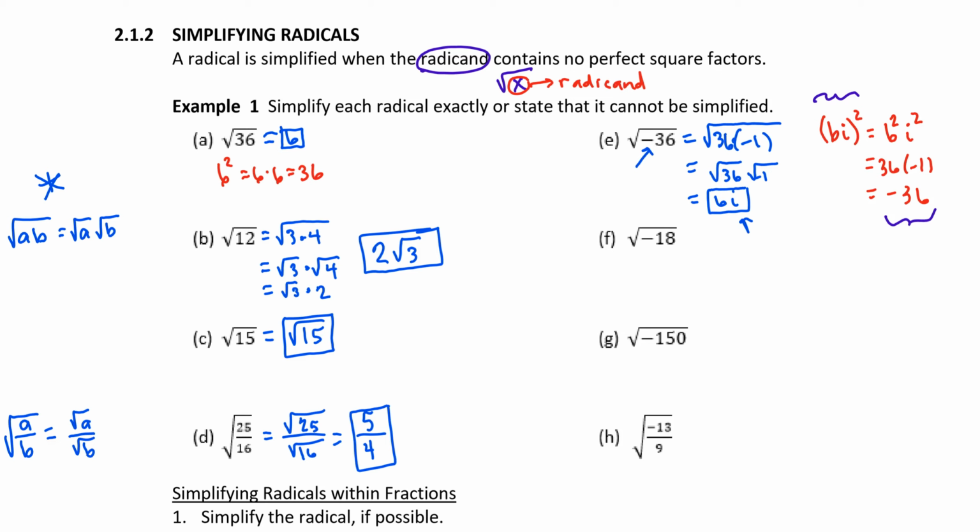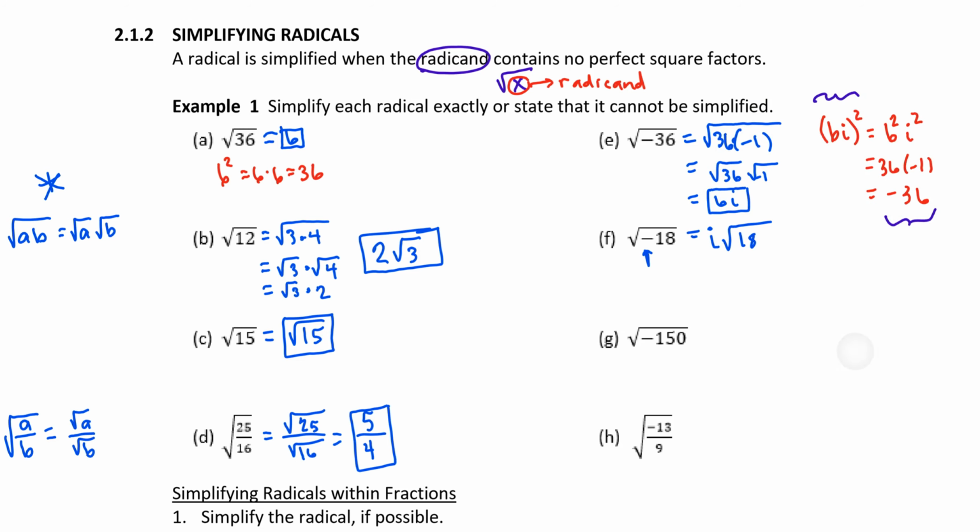Again, anytime you have a negative under the radical, the result is going to have an i when we simplify. So we'll take a little bit of a shortcut on the next one. Instead of rewriting that as 18 times negative 1, we're going to recognize the negative under the radical can be represented as an i, and then we'll focus on simplifying the square root of 18.